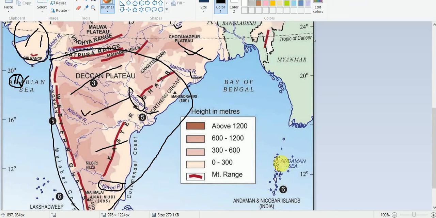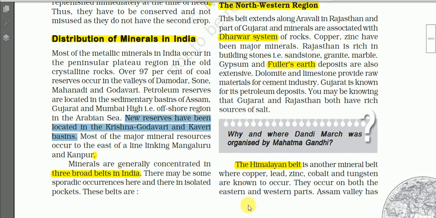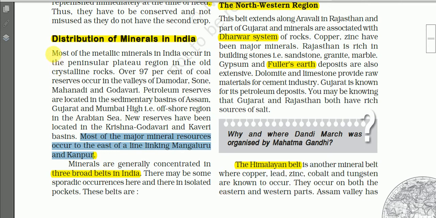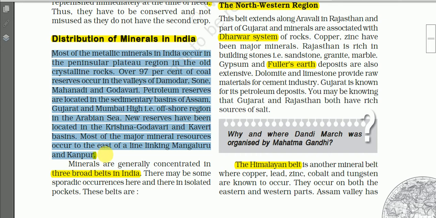In these basins we find petroleum. Most of the major mineral resources occur to the east of a line linking Mangaluru and Kanpur. Okay, Mangaluru and Kanpur. So this is about the broad distribution of mineral resources in India.